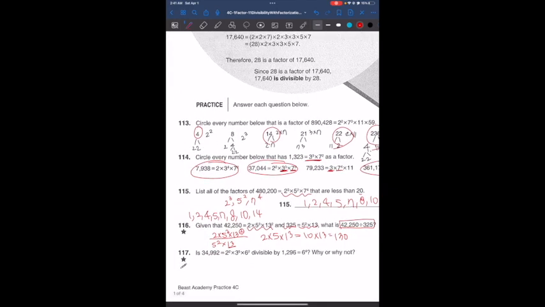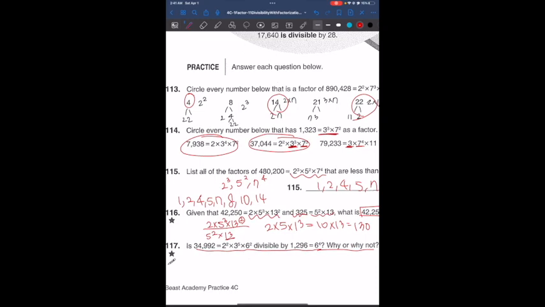Now in problem 117 it says, is this number divisible by this number, why or why not? I know that some of you might think it's not divisible because this is 6 to the power of 4, but we only have 6 to the power of 2.